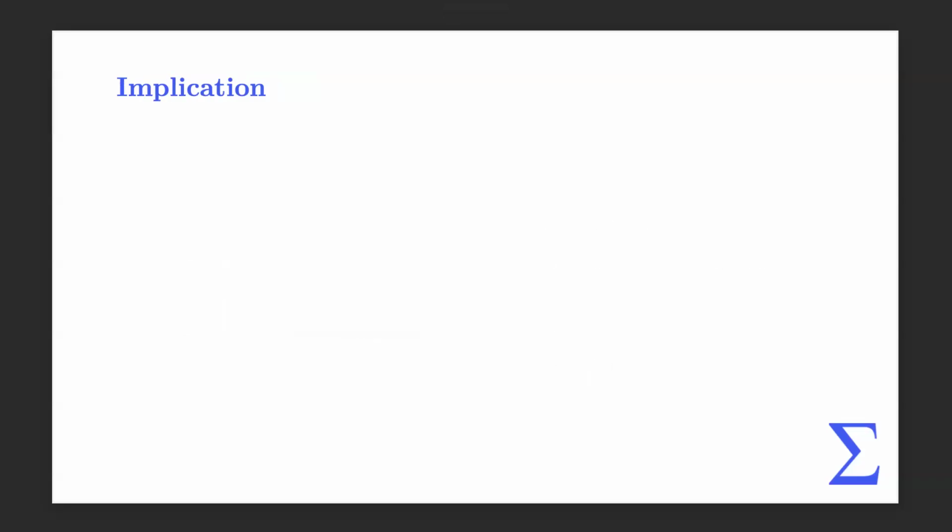Our next connective is going to be implication. I'm going to go through this one because it introduces some notation, but essentially you can read this as starting a subproof. This is our actual main proof. If we want to prove that A implies B, how do you do that in a normal math proof?